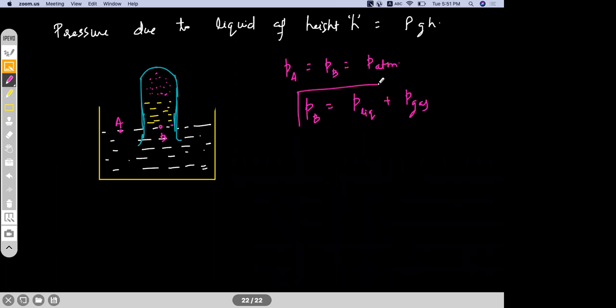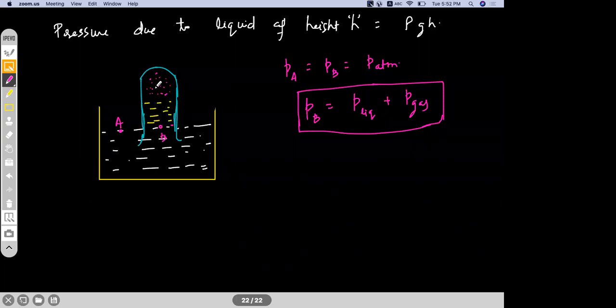If any gas is trapped, and they ask you to find out the pressure of the gas in this case, right? PB is the atmospheric pressure. P liquid you know, because the height and other things will be given, and then you can find out the pressure of the gas. Basically you need to understand how to write down the pressure relation here. PB is here. Above it, we have liquid, so this pressure will be in downward direction.